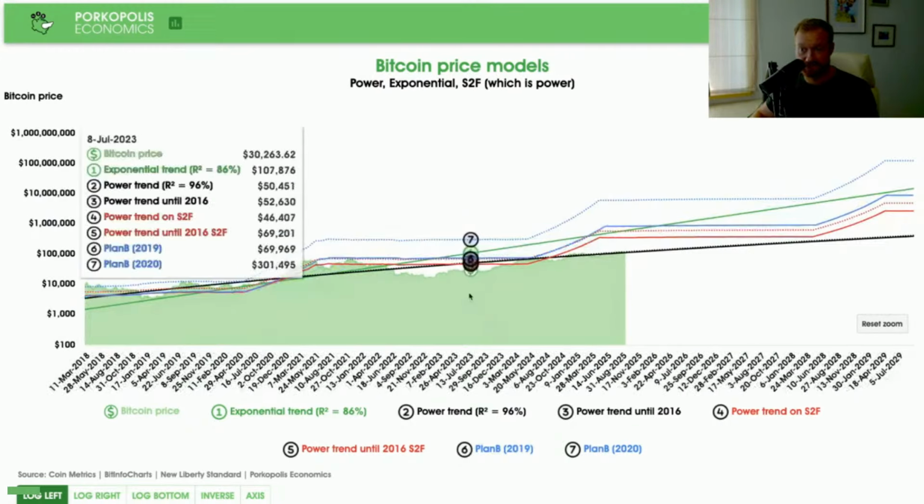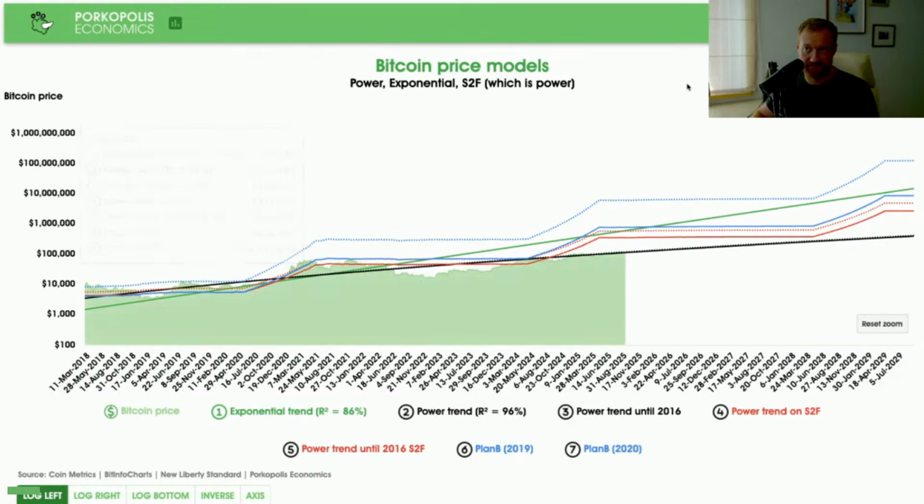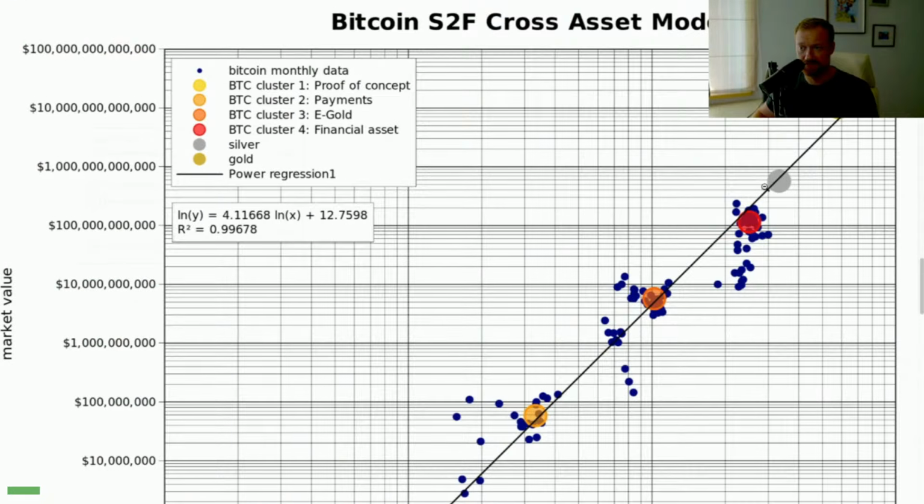If you want to take weird cross assets using gold, silver, platinum, palladium, then you get into this concept, which again just does not apply. It does not apply to silver. It does not apply to gold. Let me repeat. It is a true statement to say that if the stock to flow of Bitcoin increases, the value also increases. It is a hashtag error statement to say if the stock to flow of gold or silver increases, the value of gold or silver increases.